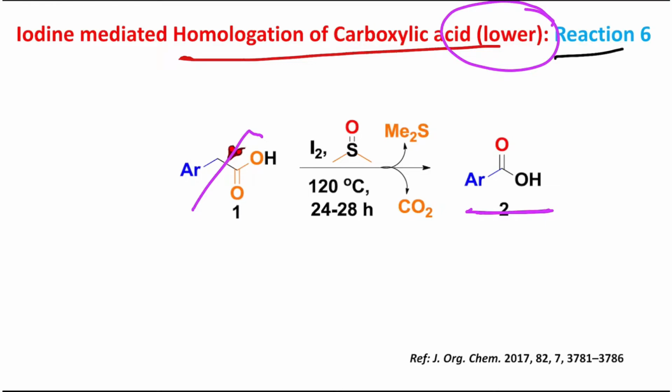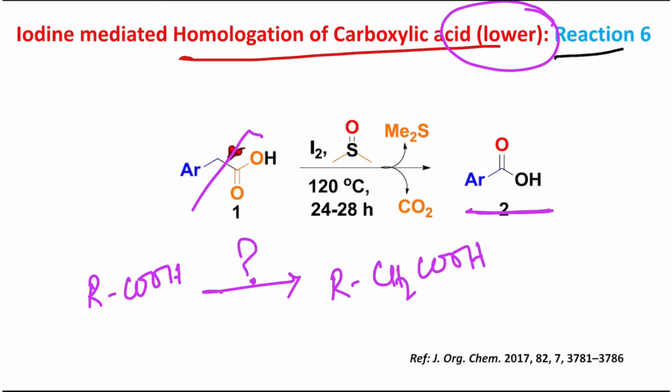Please write in the comment box. It means if you take RCOOH, using that reagent you can convert it to RCH2COOH. What is the reagent? Please remember, write in the comment box. There are many, so whatever you think is right, please write in the comment box.